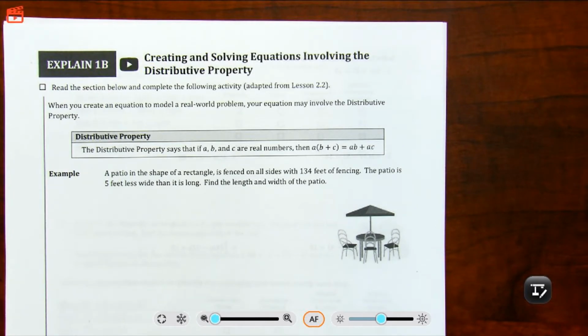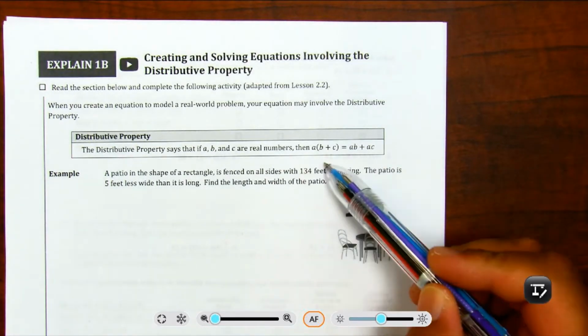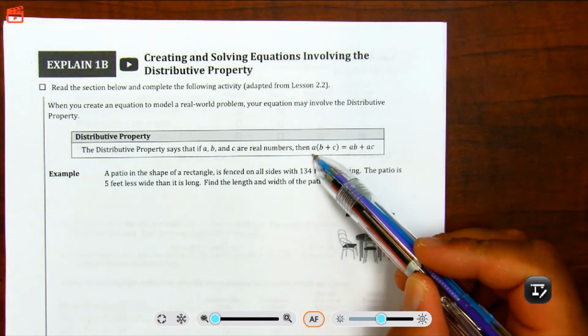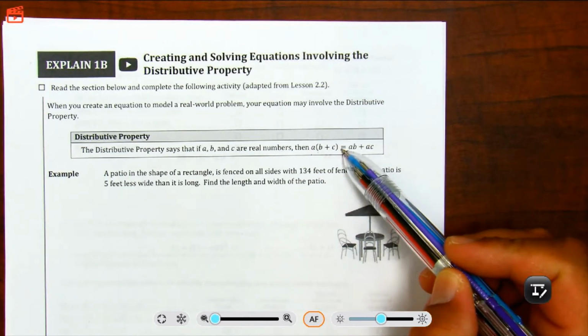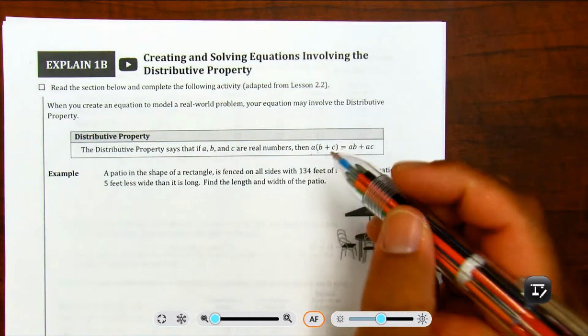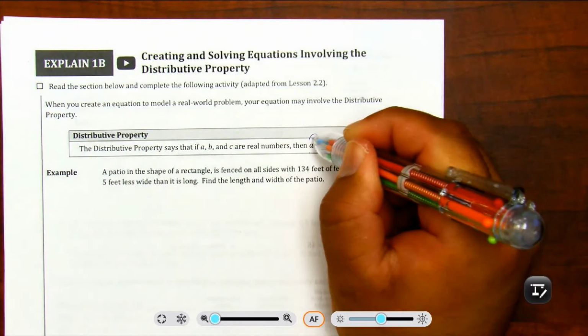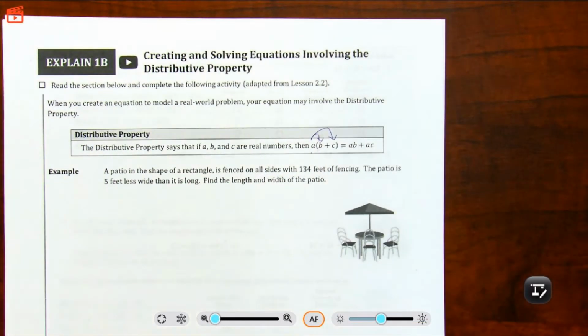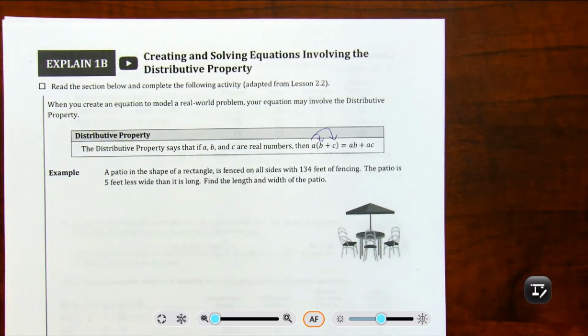In this formula, we have a parenthesis b plus c, and what we do is we distribute. We multiply a times b and a times c. A times b is ab, a times c is ac. And we're going to be using this in the next example.